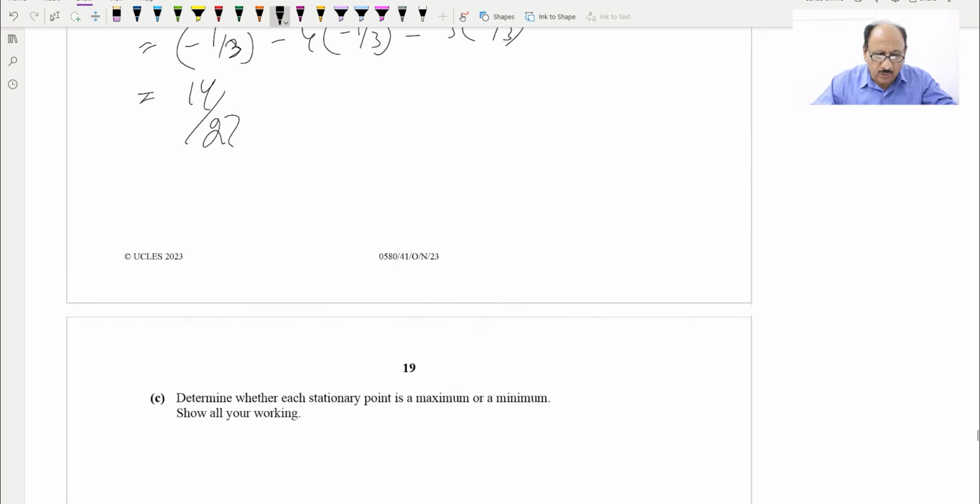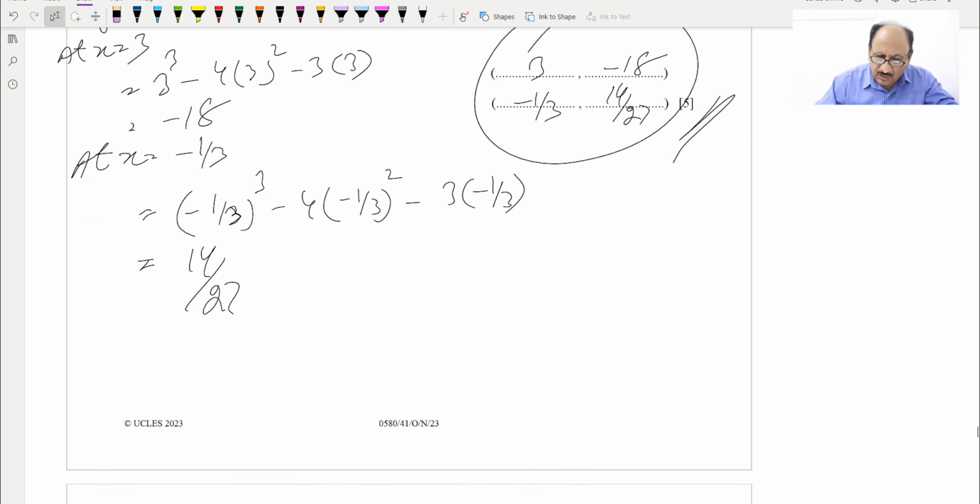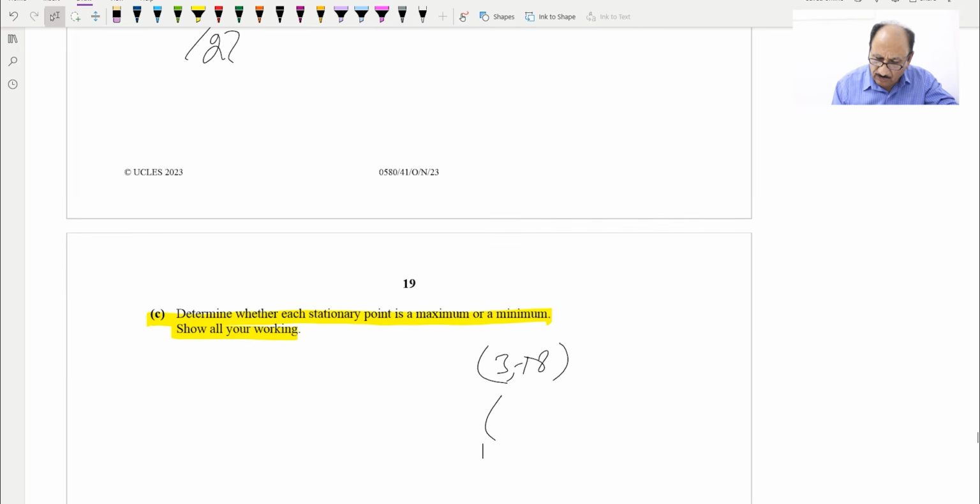Hopefully you understand this. Now they are saying determine whether each stationary point is a maximum or minimum. Show all your working. So we have two points. One point is (3, −18), which we got, and the second point is (−1/3, 14/27).